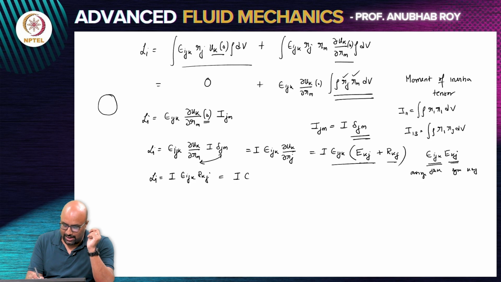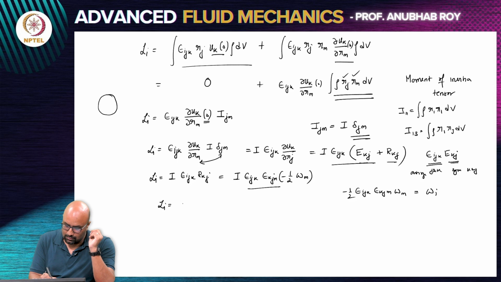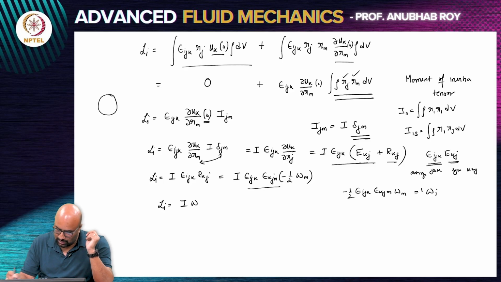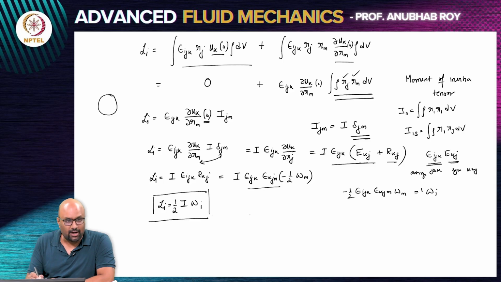And now, we have already done this, saying this anti-symmetric tensor can be written as, and I am not going to repeat this once more, we have gone through this. So, here I should have half I omega_i.